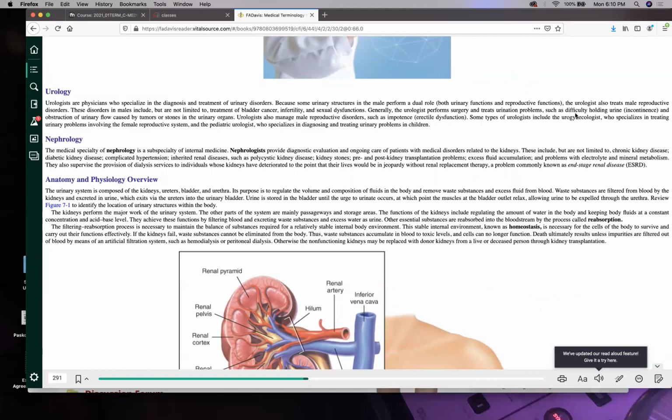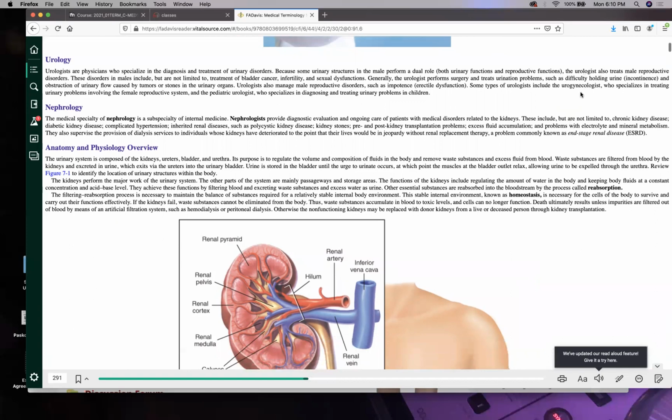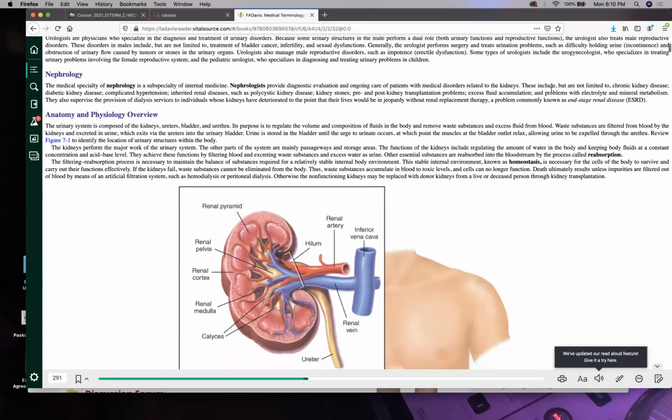Nowadays, a lot of gynecologists have a subspecialty called urogynecology, where the fertility specialist will see both the future or potential mommy and daddy.